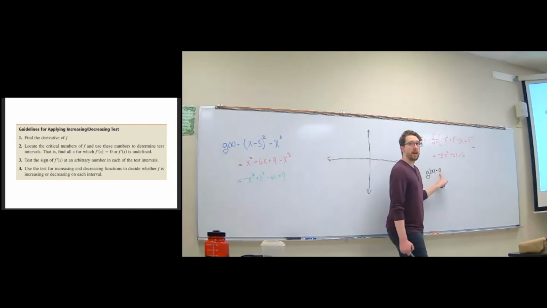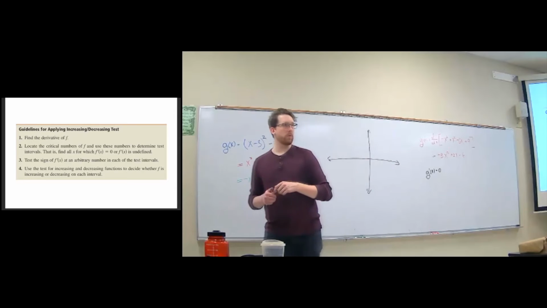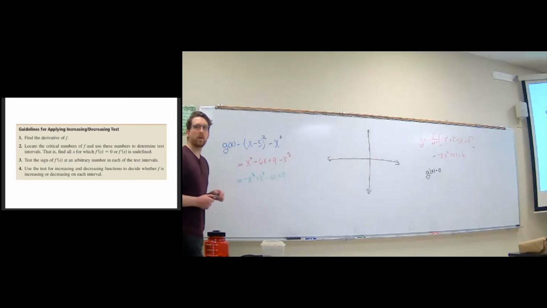Now, why is that? What does this critical number tell you? It's going to tell you when you have a peak, a trough, some fundamental change in your function, right? It's going to tell you when your function might be changing from positive to negative slope. Does that make sense what I mean?